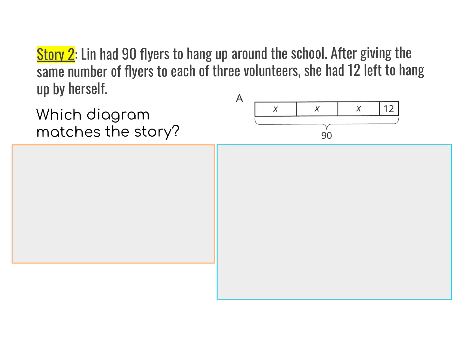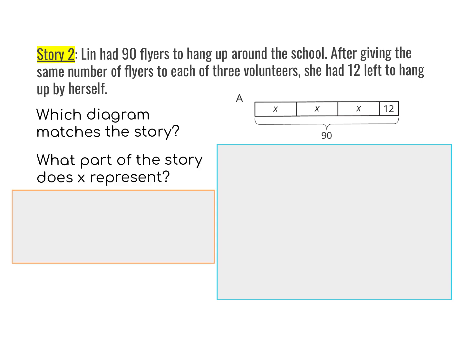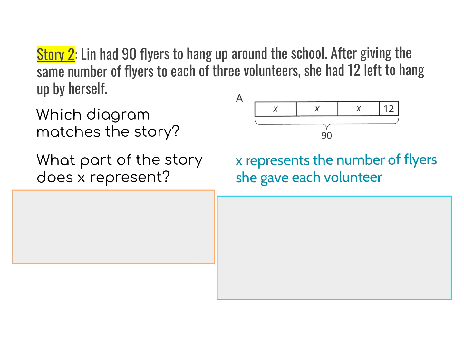This is an example of what we did yesterday, where we had an amount that was left or separated from the equal groups. So we have 3 equal groups, but also an amount off to the side. So what part of the story does x represent? x represents the number of flyers that she gave to each volunteer.